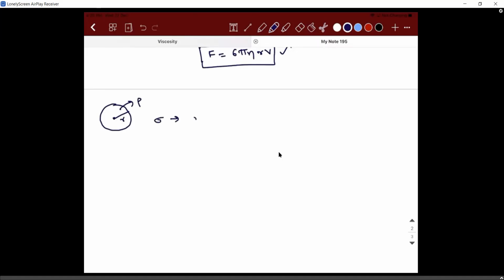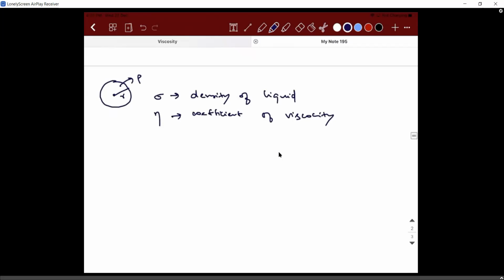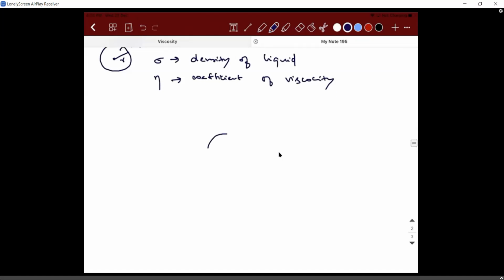And sigma is the density of the liquid. Then what else is there? Coefficient of viscosity. Are we ready to see the derivation? Shall we start? Okay.